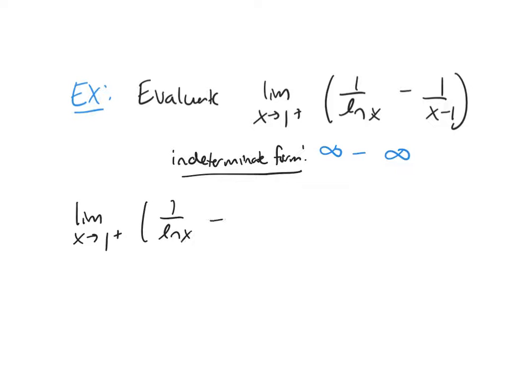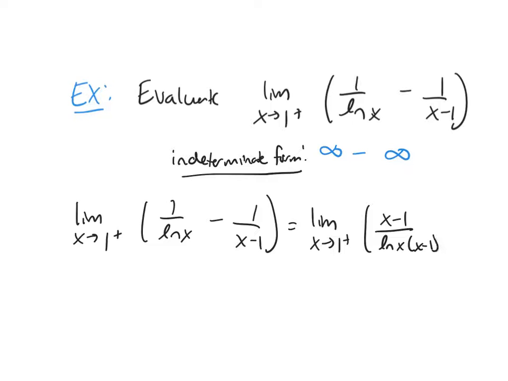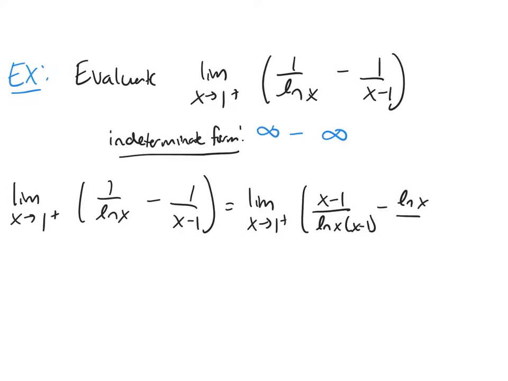The first thing we're going to do is get a common denominator. The common denominator would be the product of the two denominators, so it'll be ln x times x minus 1. Now that they have a common denominator, you can combine them.